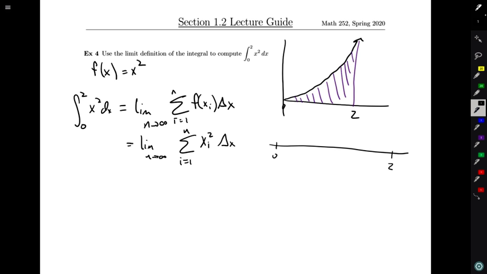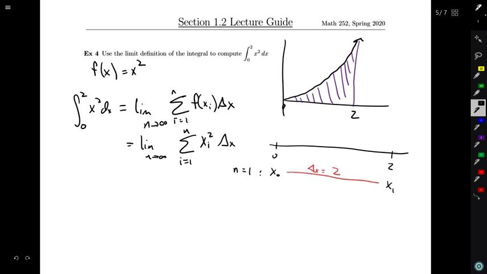So we want to find a formula that depends a little on i and a little on n, to make this limit more tractable. First, consider n equals 1. That means we have one rectangle, so x0 is my left endpoint, x1 is my right endpoint, and my delta x is going to be 2.